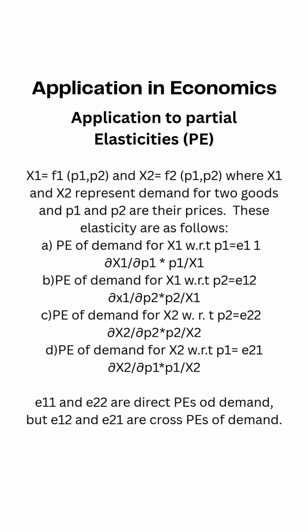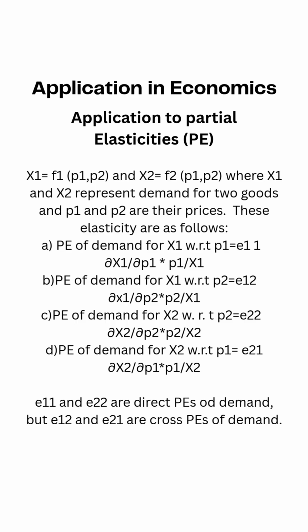Here, x1 and y1 are the demand functions of two goods and P1 and P2 are their prices. Now to find the partial elasticity of demand for x1 with respect to P1, we partially differentiate x1 with respect to P1 and multiply it by the ratio of P1 and x1.